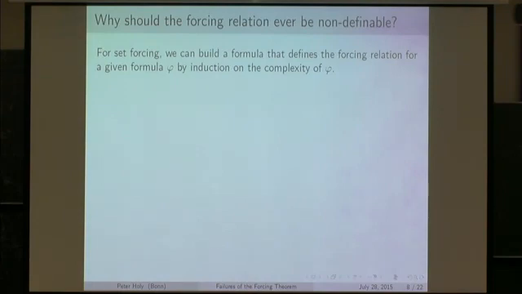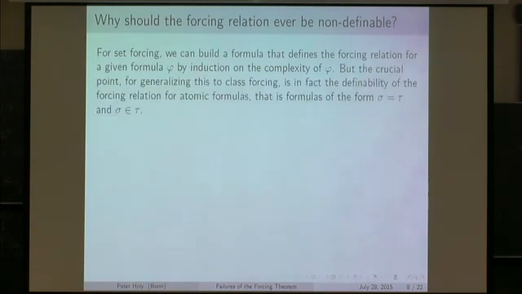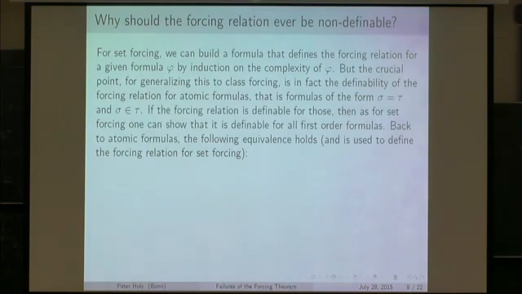We can build a formula that defines the forcing relation for a given formula phi by induction on the complexity of this formula. And the crucial point actually is the definability of the forcing relation for atomic formulas, that is equality and element relation. If the forcing relation is definable for atomic formulas, then basically the same proof as in set forcing shows that it's definable for all first order formulas. For atomic formulas, we have, like in set forcing, the following equivalence.